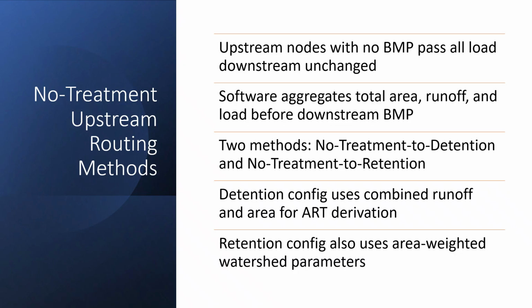Things like the impervious fraction of the drainage area and the rainfall depth. These hydrologic characteristics influence how much water a retention practice can actually capture and treat, so they need to be properly weighted across all contributing upstream areas before the downstream BMP efficiency can be determined accurately.